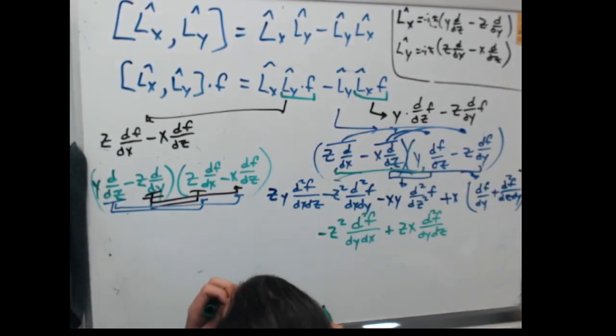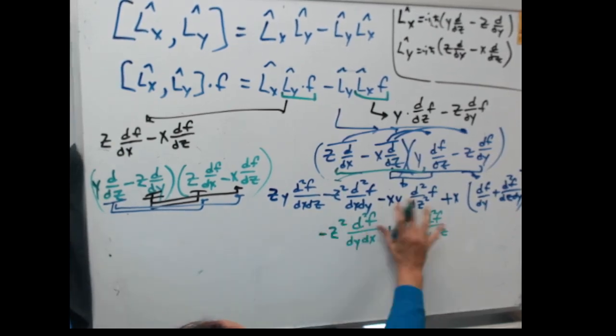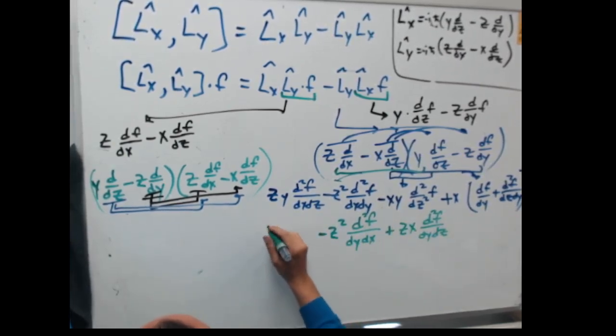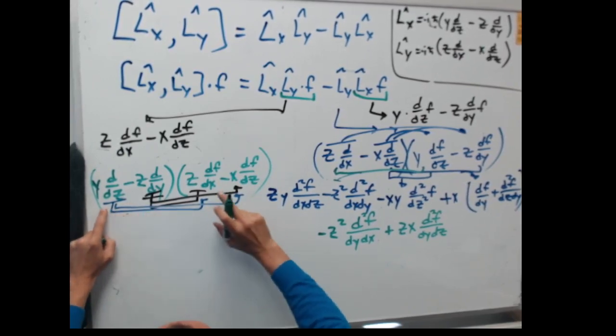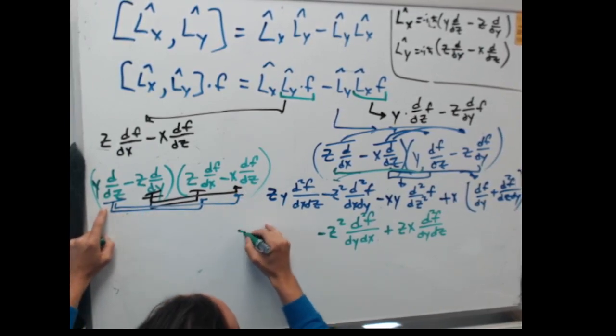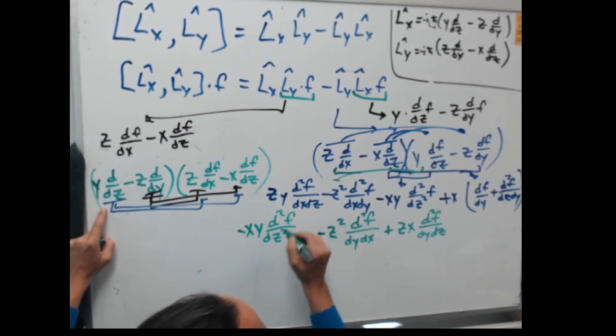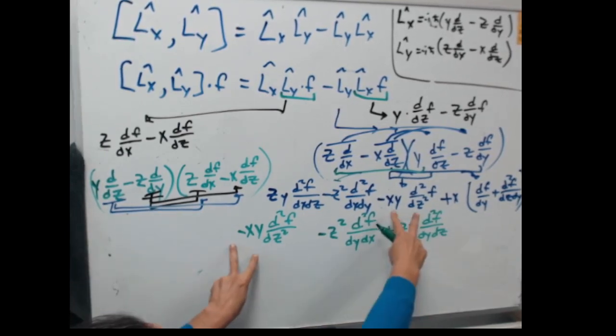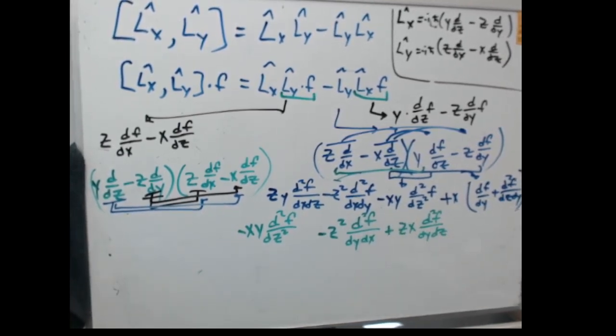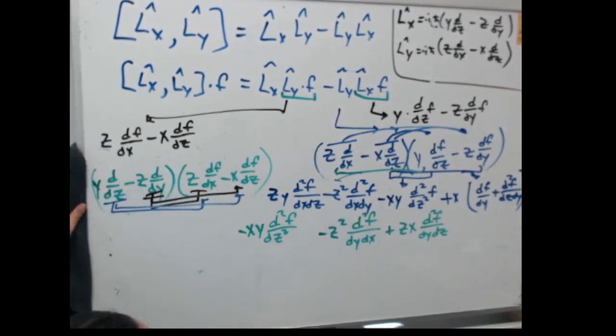Okay, so one of my terms, again, I didn't line things up as nicely as I would have liked to. One of my terms is going to be easy. That's going to be a negative xy d by dz squared. Oh, look at that. Okay. That one's easy.